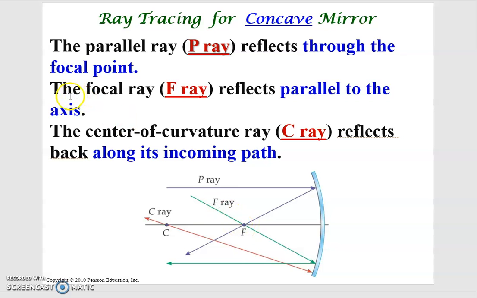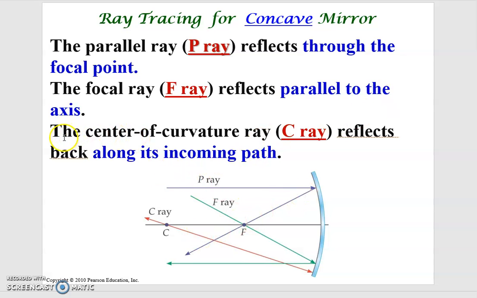The second ray is the so-called focal ray. What is a focal ray? It is the light passing through the focal point. All the light passing through the focal point is reflected parallel to the axis. So you can treat it as the reverse process of the P ray.